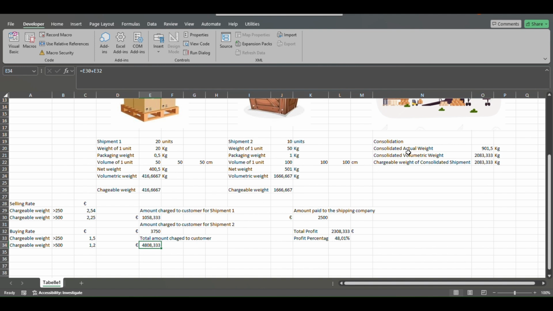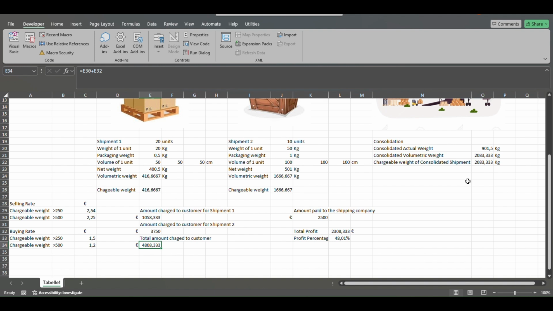So here we have the consolidation. The consolidated actual weight is the sum of the net weights of both the shipments, and the consolidated volumetric weight is the sum of the volumetric weights of both the shipments. Whichever is higher is going to be the chargeable weight of the consolidated shipment.